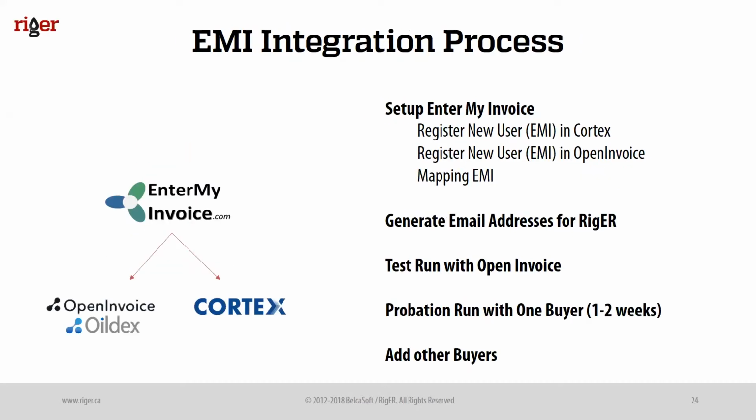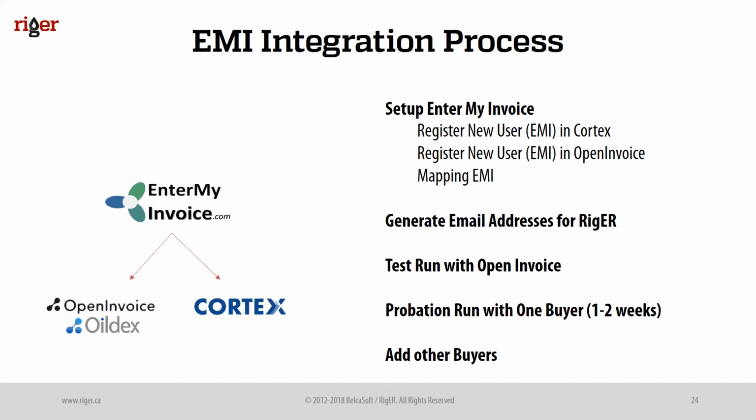It's pretty simple. From the EMI implementation integration process, it's a different setup. Yeah. So from our standpoint, the setup is we register you as a new user on either Cortex or OpenInvoice. We walk through a process with you where we're mapping out your invoices into our platform.